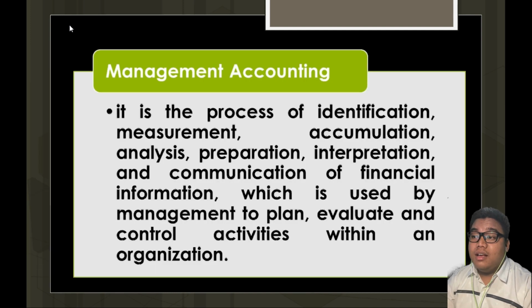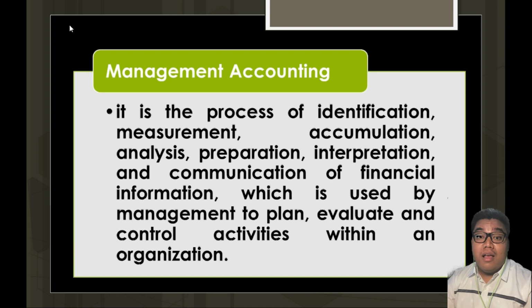So management accounting is the process of identification, measurement, accumulation, analysis, preparation, interpretation, and communication of financial information. That portion is intended for accounting, and its difference against all other areas of accounting is it is used by management to plan, evaluate, and control activities within an organization.